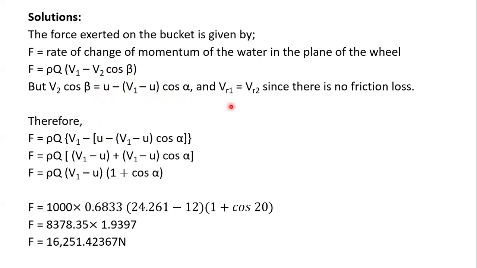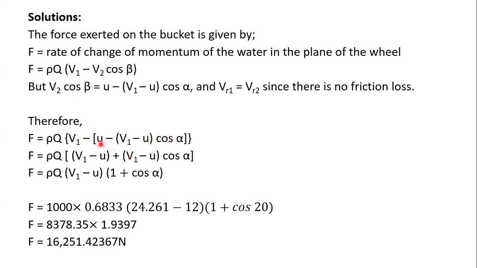Then we also were told the relative velocity is the same because this one has no friction, so that remains like that. So we have density times discharge, then we bring down the V1. Then what I have now is U minus, then V1 minus U cos alpha.